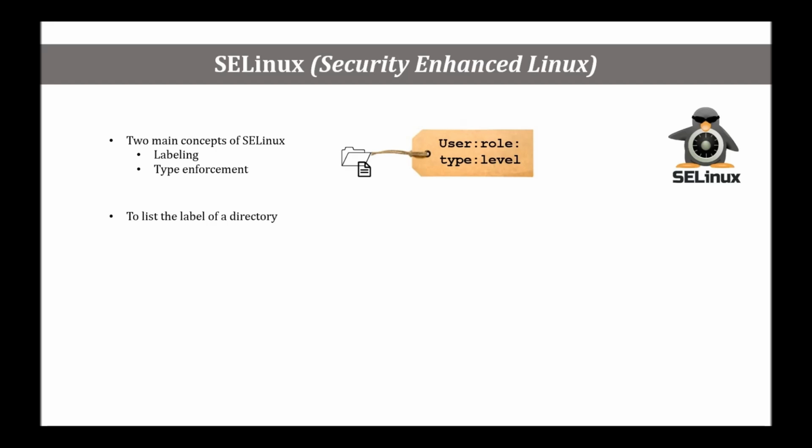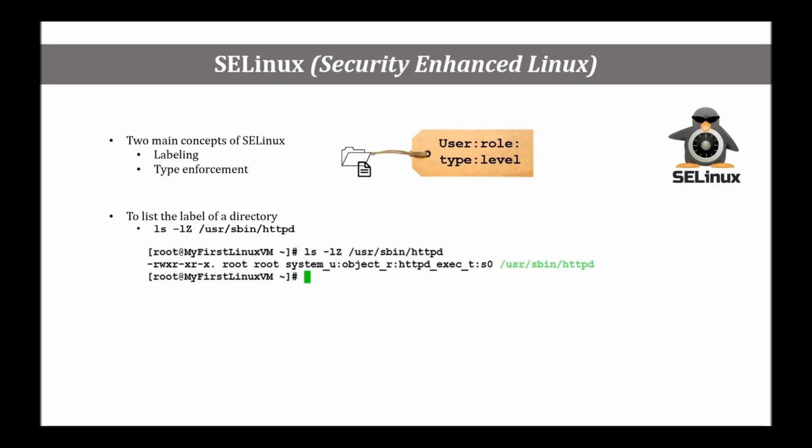To list the label of a directory, if you want to see what type of label it has, you have to do ls -lZ /usr/sbin/httpd. It's just an example that I picked. This is the file, and you will see as a result it will come up as this.